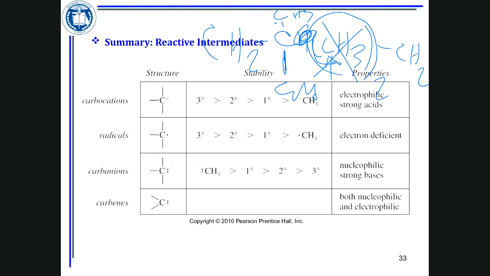Number 9. Okay, let me look at 9. Counting the longest carbon chain, you have to find 1, 2, 3, 4, 5, 6, 7, 8, 9. Then 1, 2, 3, 4, 5, 6, 7, 8. So you have only one way to go.